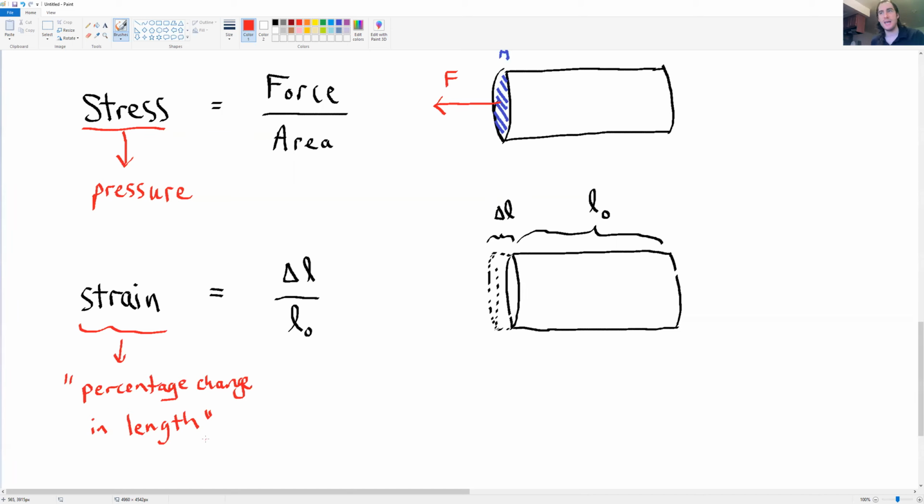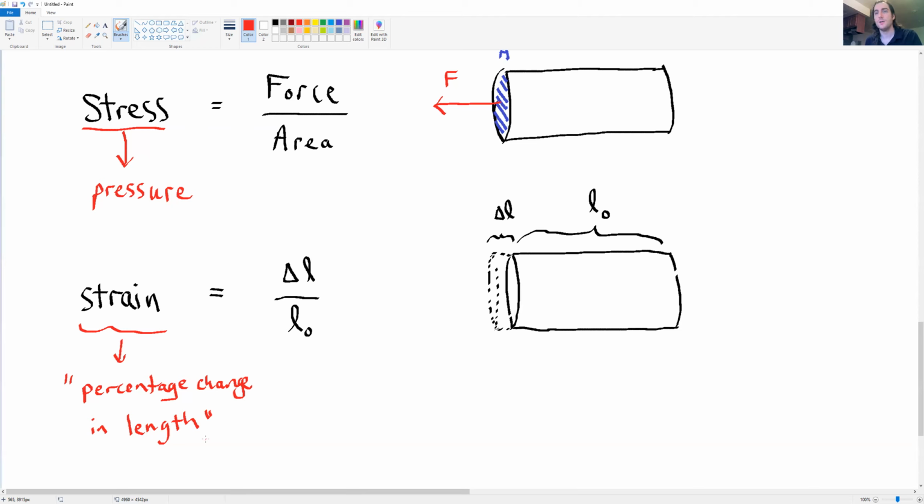And this strain is always going to be small for your everyday materials. You really need to apply a lot of force to deform objects, right? Unless you have paper or something. Maybe it doesn't take much force to deform paper. You can tear paper pretty easily.